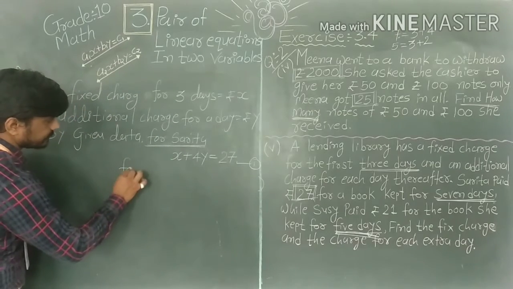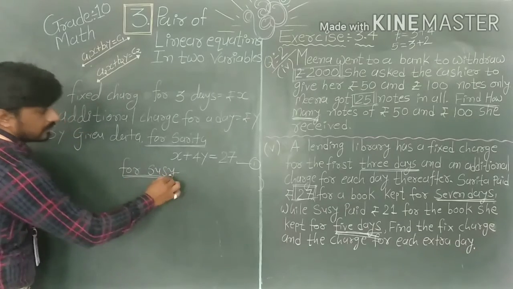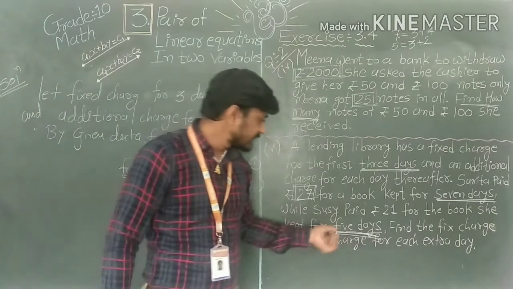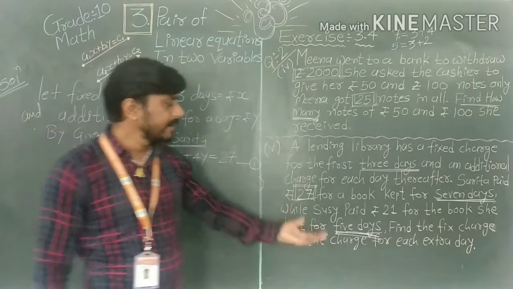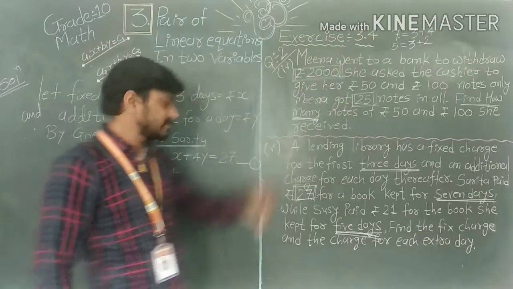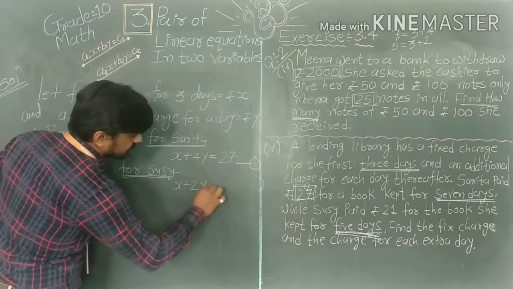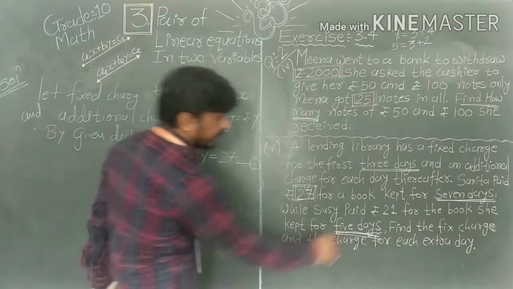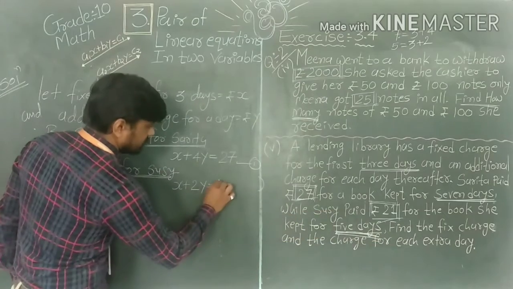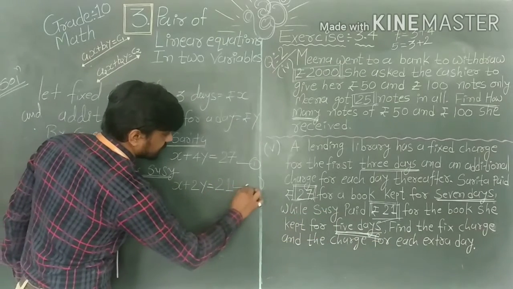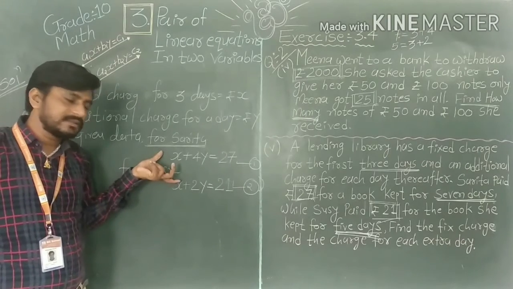And for Susi, how many days did she keep it? For 5 days. 3 days fixed charge and the remaining 2 days additional charge. Therefore, I write X plus 2Y is equal to 21 rupees. This is our equation number 2. Now we solve these equations by the elimination method.